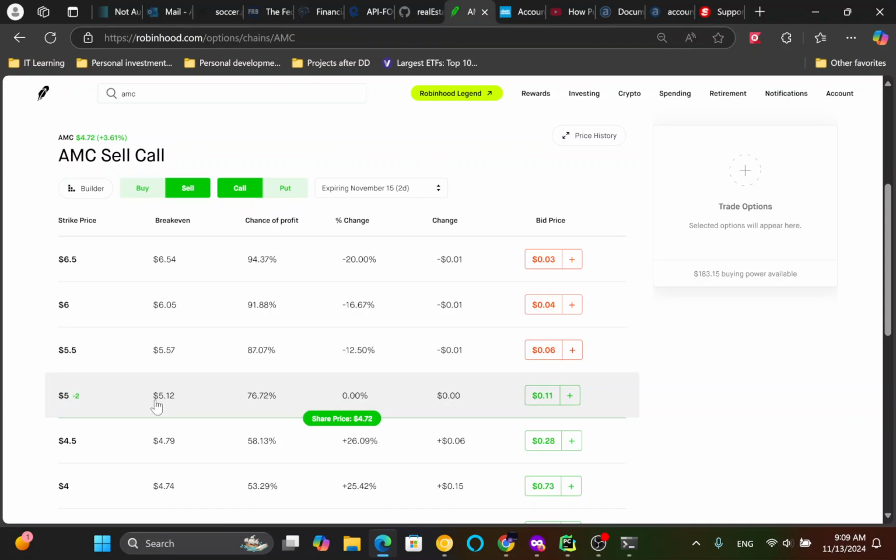Now, if the stock price goes above 5, I am selling it for 5, and I have bought them at the market price, which is 4.72. I'm going to buy 100 of those. It's like 472. And selling those at 5 will generate an income of 500 with $11 as premium.